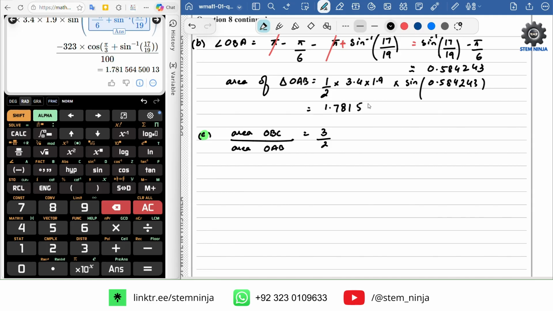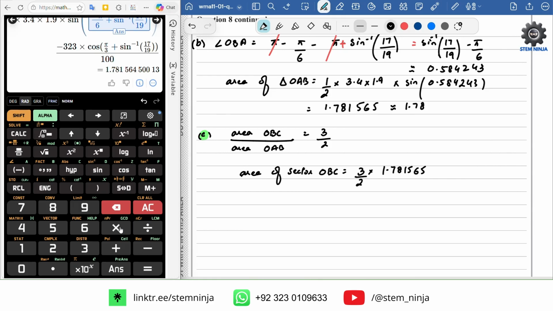Wait, sorry, first let's write 1.781565. So the area of sector OBC would be 3/2 of this thing, 1.781565.